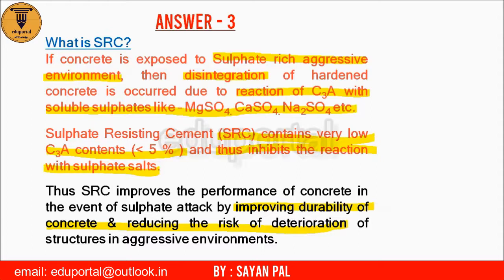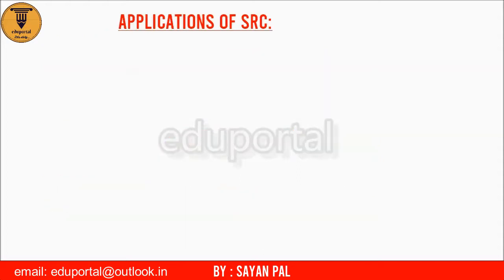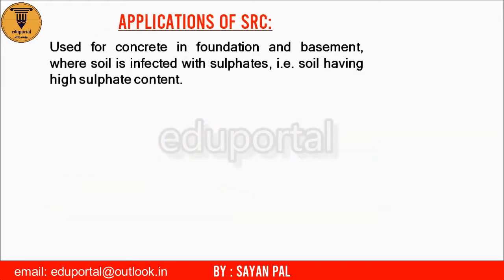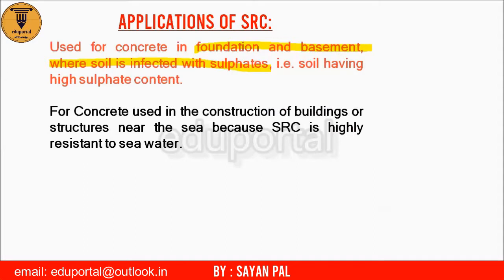Okay, so what are the applications of sulfate resisting cement? It can be used for foundations and basements where the soil is infected with sulfate. Then for concrete used in construction of buildings or structures near the sea, because sulfate resisting cement has higher resistance to seawater.